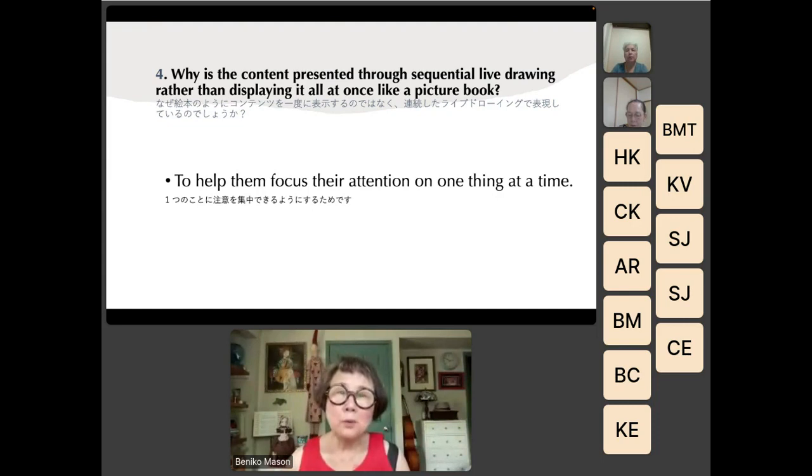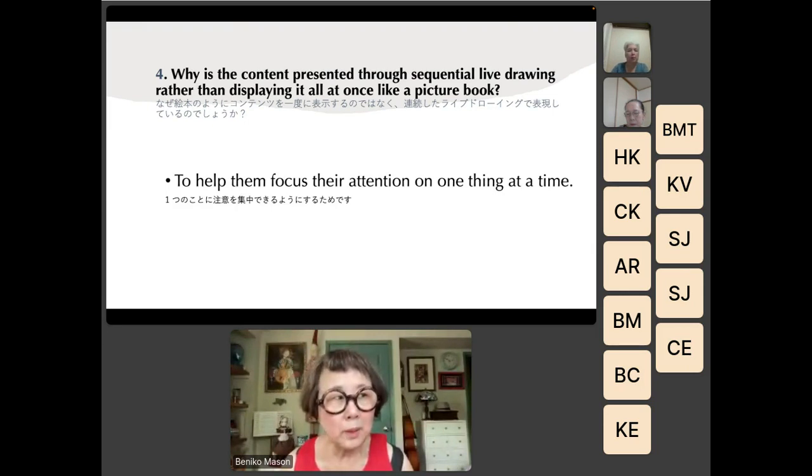So why is the content presented through sequential live drawing rather than displaying it all at once like a picture book? It is to help them focus their attention on one thing at a time.